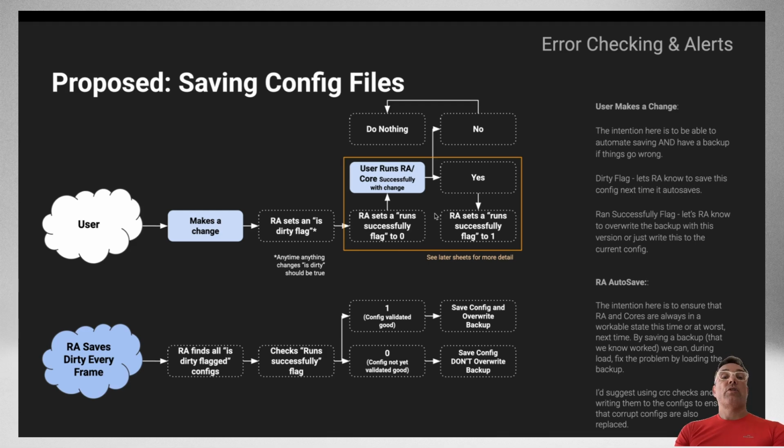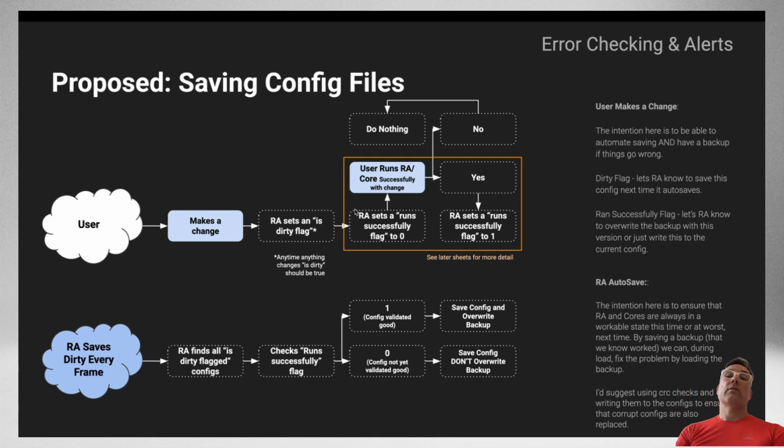I would also suggest that RetroArch considers some form of a 'has this run successfully' flag, which it also sets. And so if the user makes a change, effectively two flags are going to be set. One, this config now is dirty, so it does need to be saved. And two, we don't know if this is a good change. Therefore, the 'has it run successfully' flag is set to 0, as in no, because we don't know yet, right?